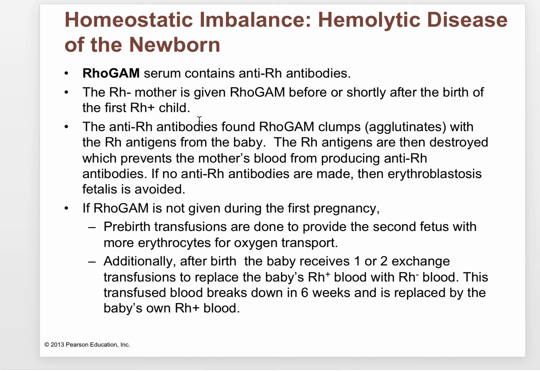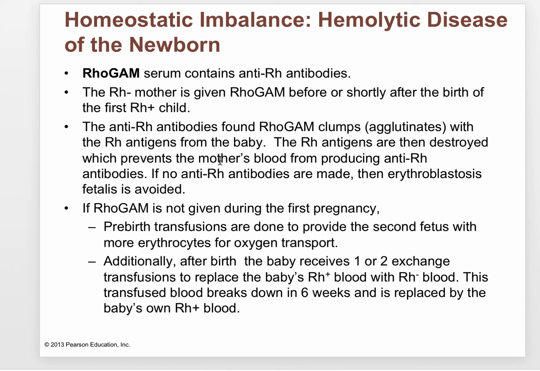These anti-RH antibodies in the RhoGAM clump with RH antigens that come from the baby during exposure to the blood. So they basically link up with these RH antigens from the baby's blood before the mom's blood has a chance to react and form antibodies to that. These RH antigens are then destroyed, which prevents the mother's blood from producing anti-RH antibodies. If no anti-RH antibodies are made, then erythroblastosis fetalis is avoided.